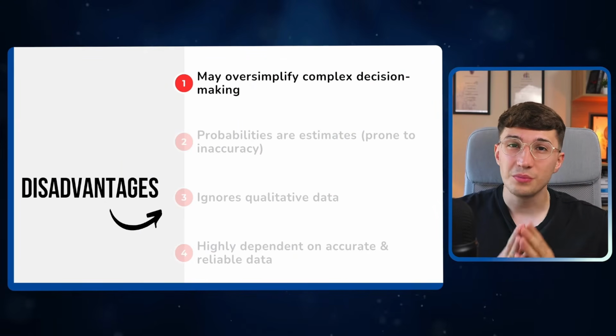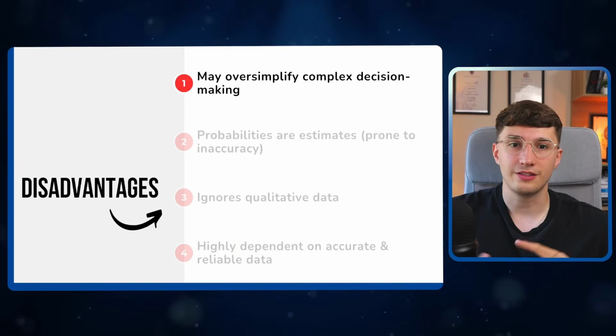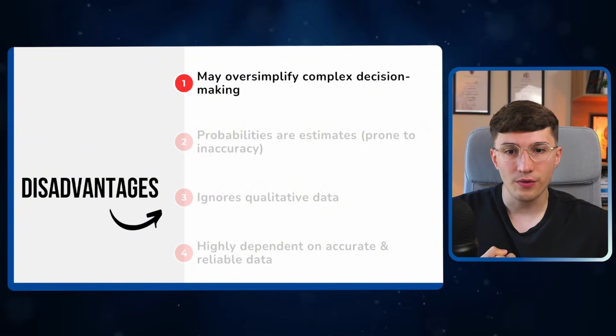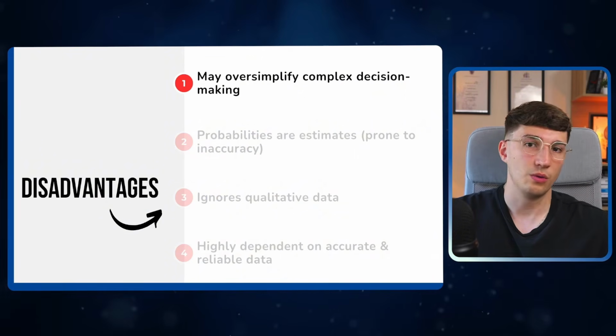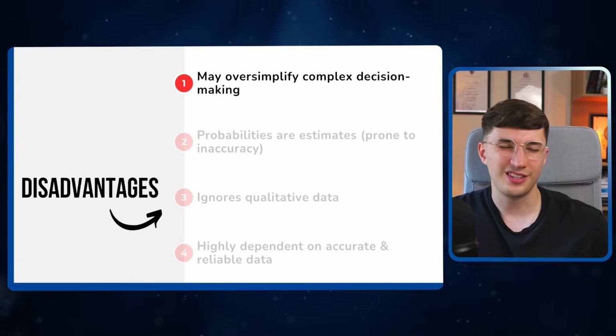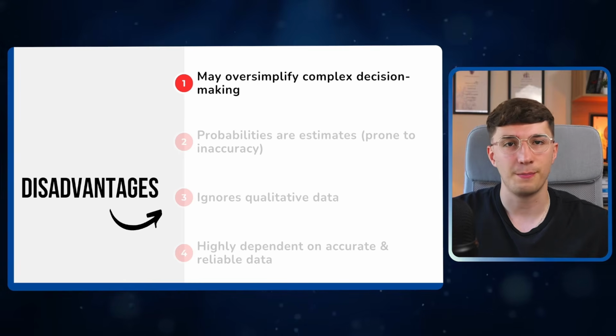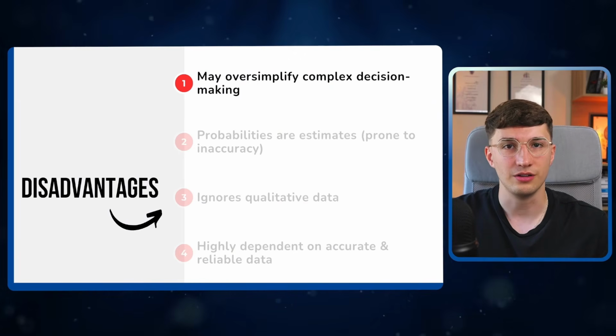However, there are some disadvantages when it does come to decision trees. The first one is that in business, if we are investing £40,000 or even more money, like hundreds of thousands, sometimes just drawing a simple decision tree won't be enough, and it may begin to oversimplify a fairly complex decision.